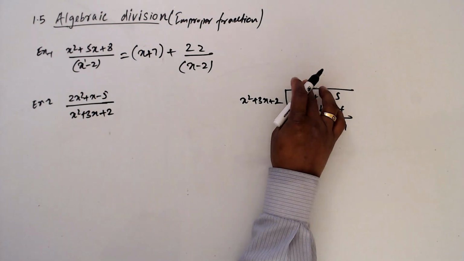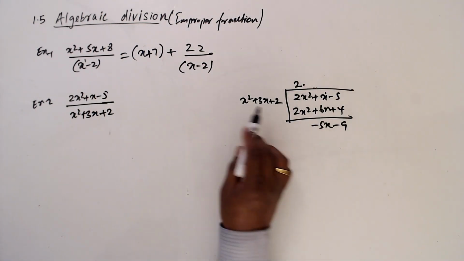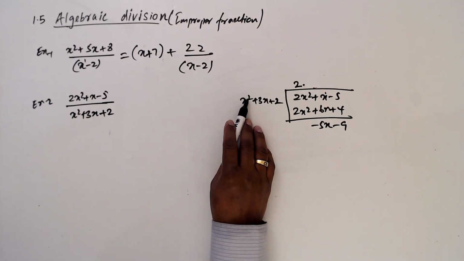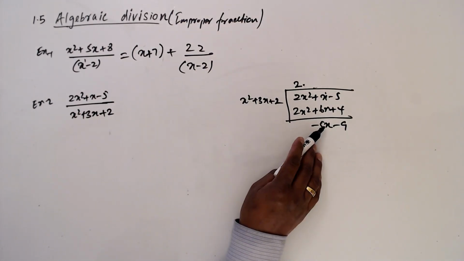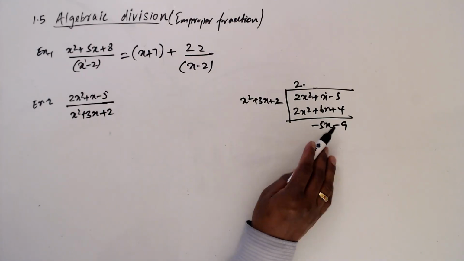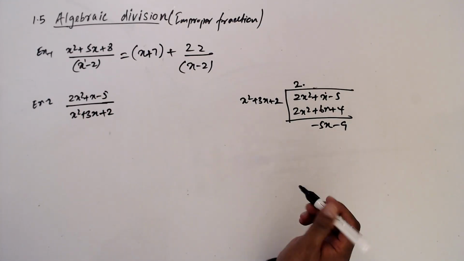Actually, we can't do any more because the degree of the remainder is less than the degree of the divisor. So that's all we can do.